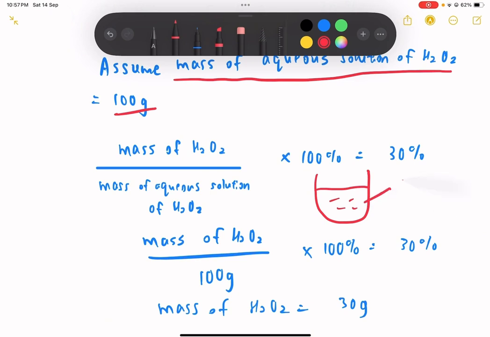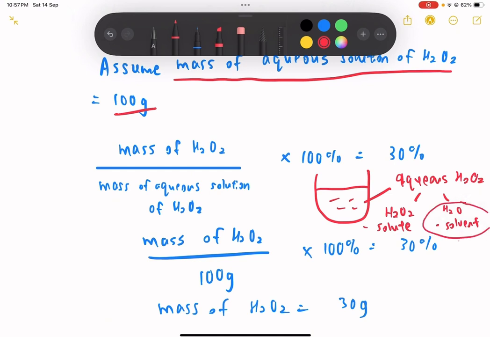So here it is aqueous H2O2. But aqueous H2O2 is actually divided into H2O2, which is the solute, and then the solvent H2O as always. Okay, so we have to find the H2O, right? The solvent, the mass of solvent.